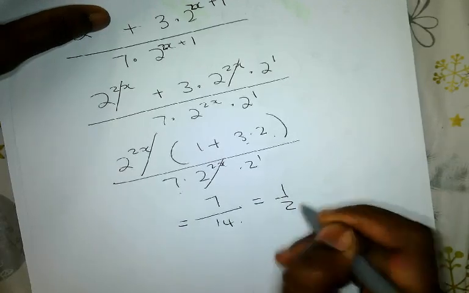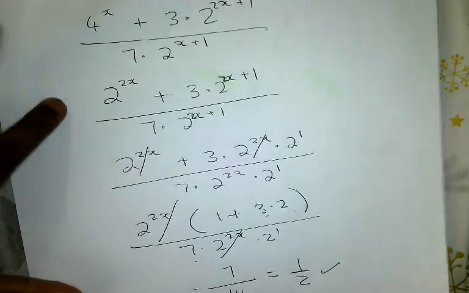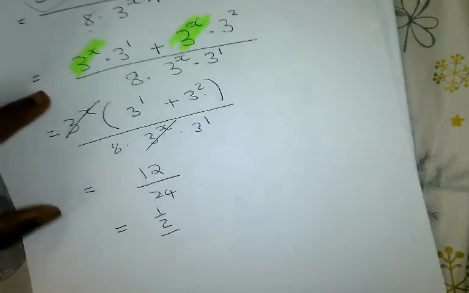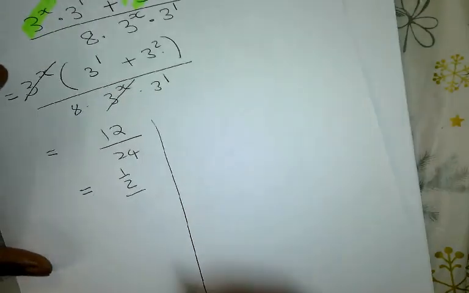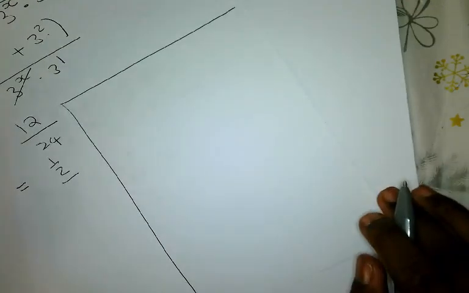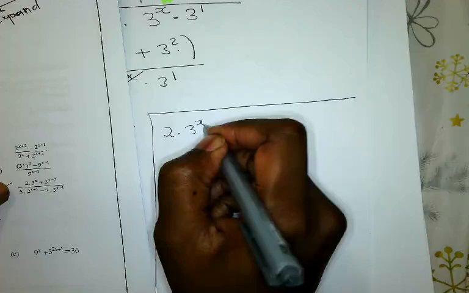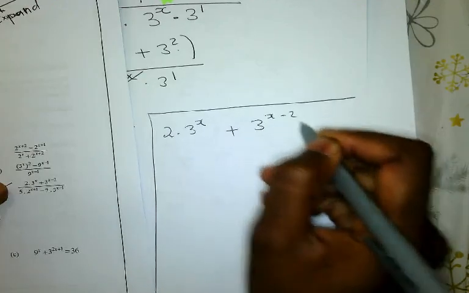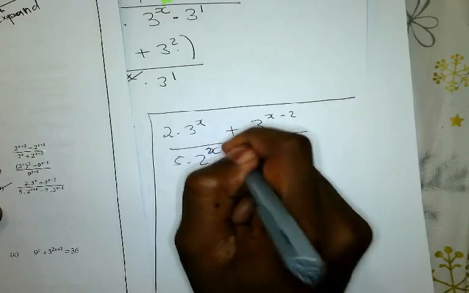I'm going to do the last one. Can I do it here so that I save paper? I need to save paper. The question is as follows. This is the question. 2.3x plus 3x minus 2 over 5x plus 1 minus x minus 1. So what do we do here? This stays the same.